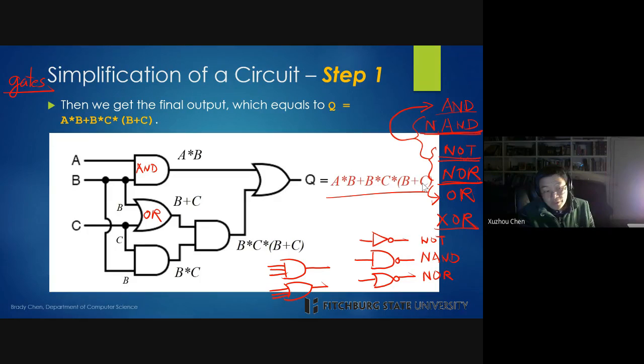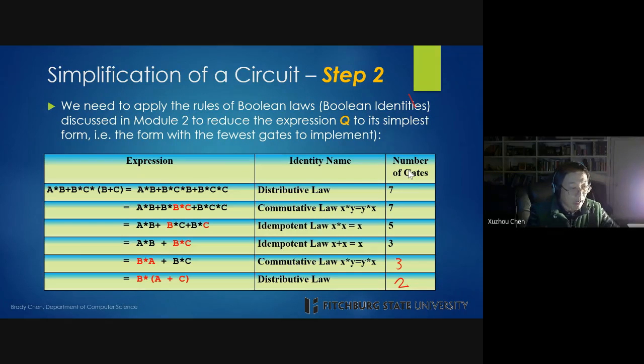So now the first thing we need to do is try to simplify this Boolean expression. Here, I just provided one way of doing this. There are various different ways because you can apply various different Boolean identities. Eventually, we can simplify this original Boolean expression into this.